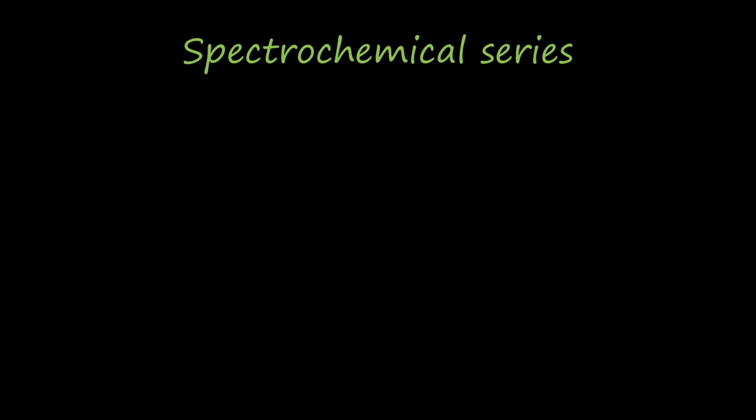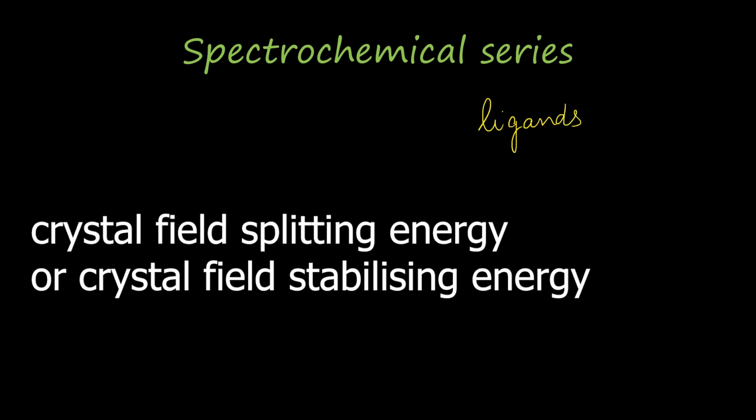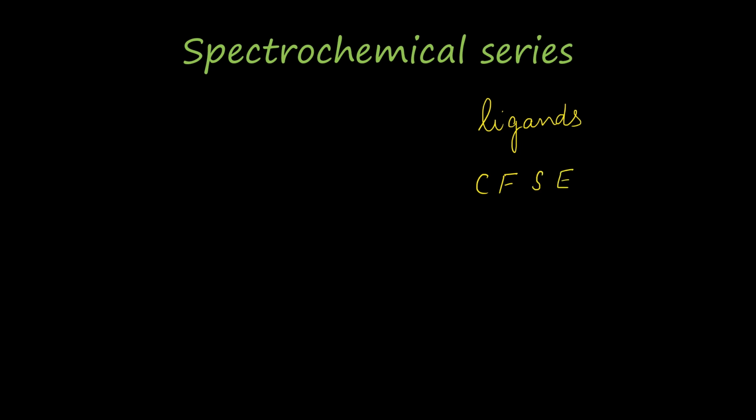The spectrochemical series is the arrangement of ligands in the increasing order of their crystal field splitting energy, which is also known as crystal field stabilizing energy, CFSE. We have already seen that for octahedral complexes it is represented as delta O, O for octahedral.